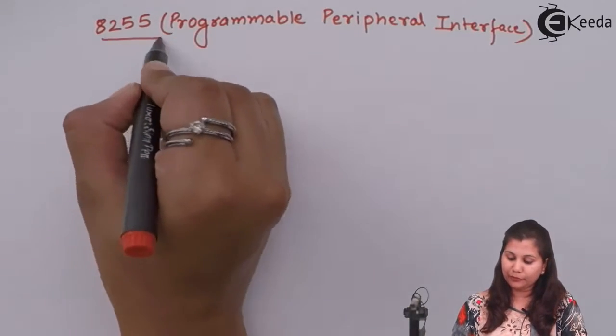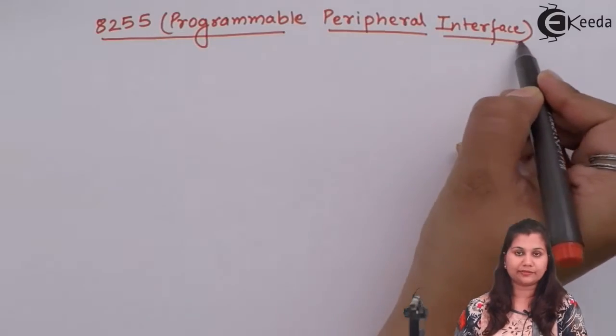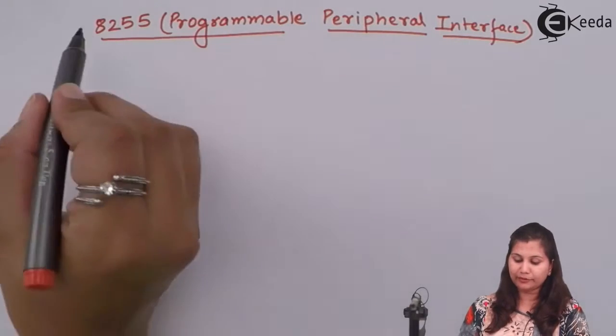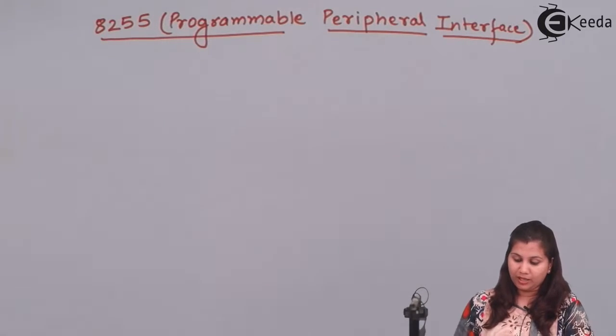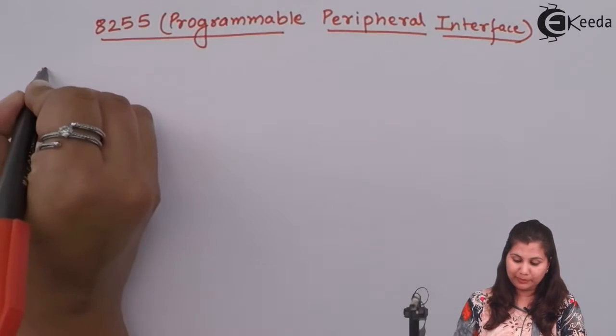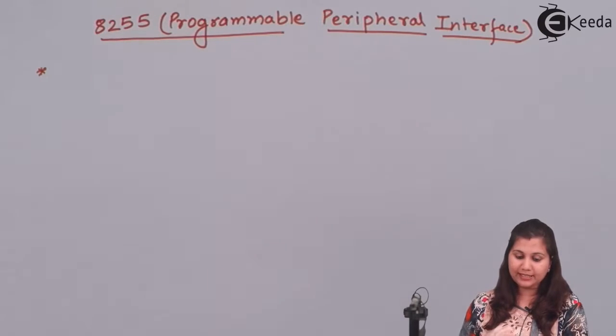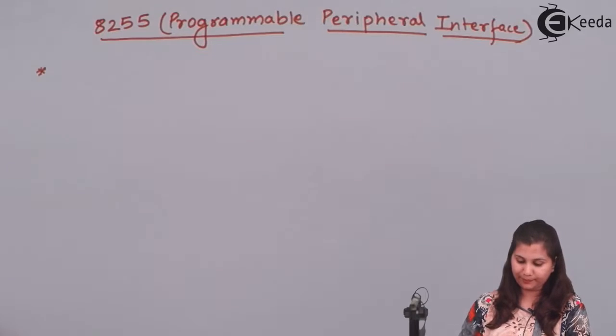We have the Programmable Peripheral Interface and the IC number for this is 8255. Okay. So this Programmable Peripheral Interface is a general purpose programmable input output device.